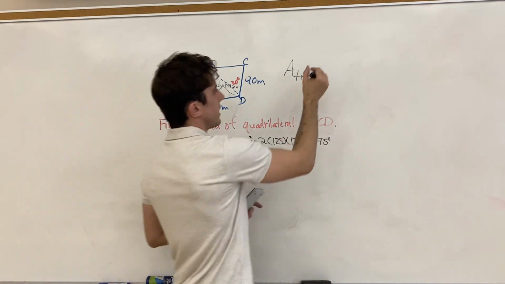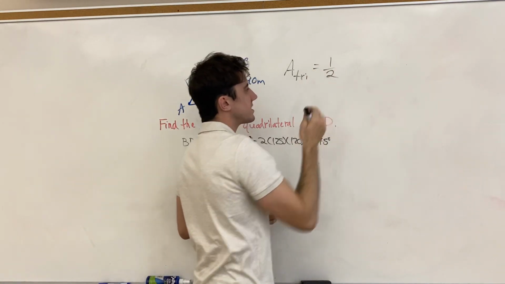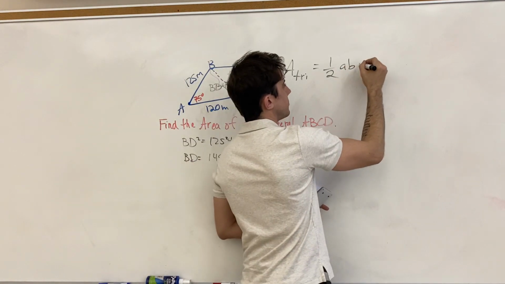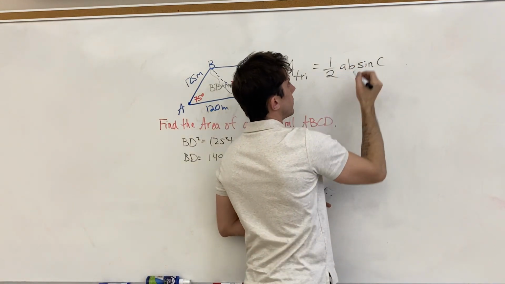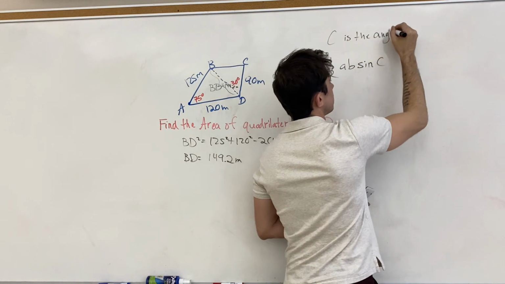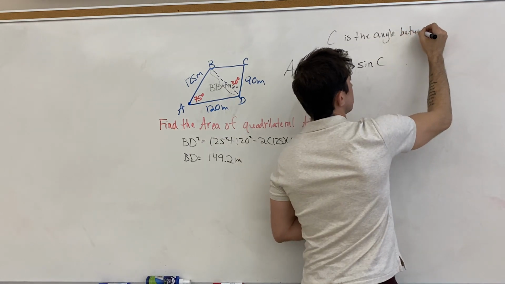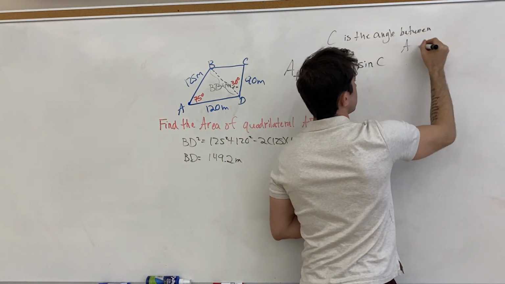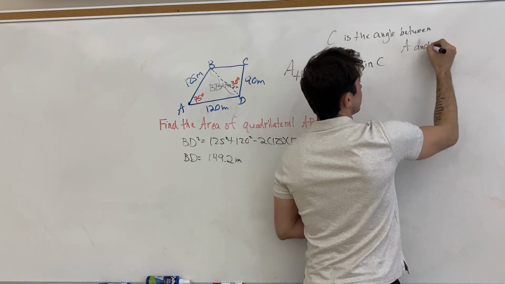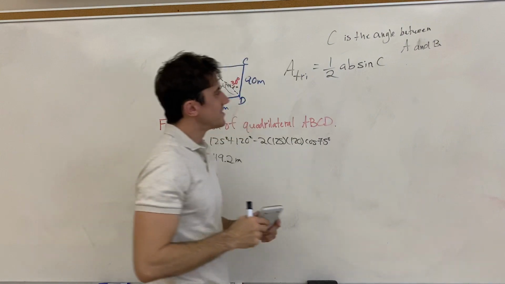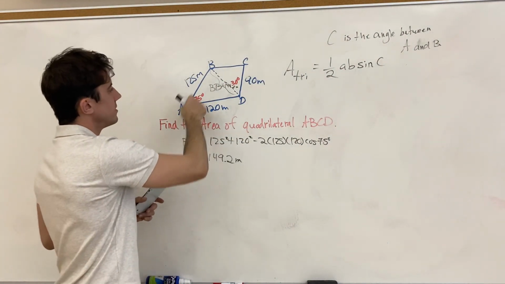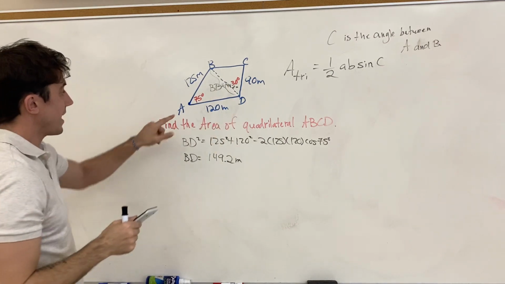I'll remind you that we have a very general formula for the area of a triangle. The area of a triangle is equal to 1/2, not simply base times height, but in a more general sense, A times B times the sine of C, where C is the angle between A and B. With that information in mind, we can now get the area of triangle ABD.